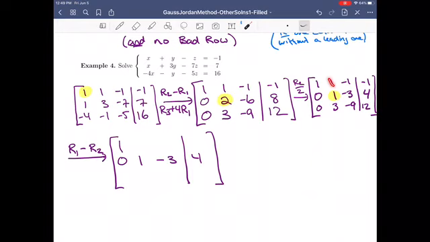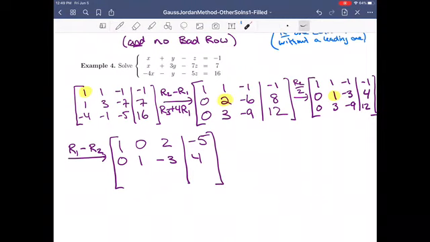And then I have 1 minus 1, that's a 0. And then I have negative 1 minus negative 3, so that's negative 1 plus 3, so that's going to be a 2. Then I have negative 1 minus 4, so that's going to be a negative 5.